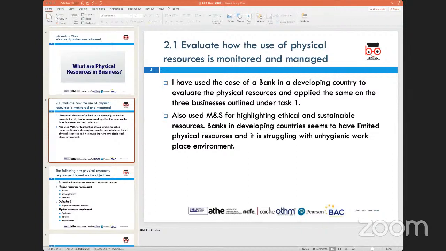So when I look at an example of managing and monitoring physical resources, giving you an example, take the machinery and equipment used in hospitals. If they are not regularly serviced, or not maintained in terms of moving parts, or bits and pieces which require replenishment from time to time, then obviously the output being produced would deteriorate.